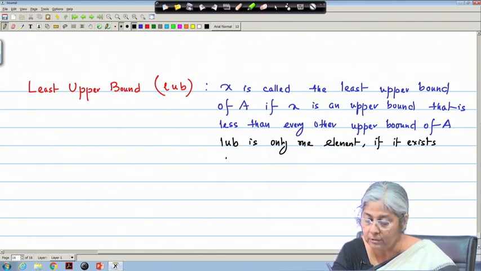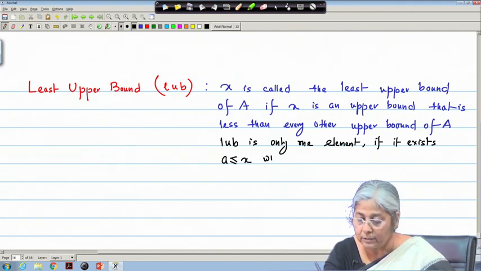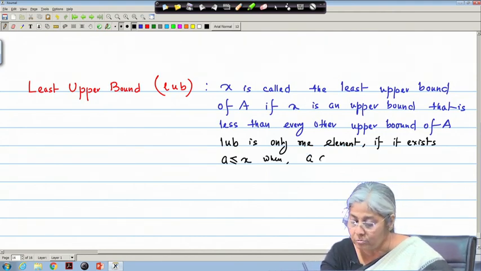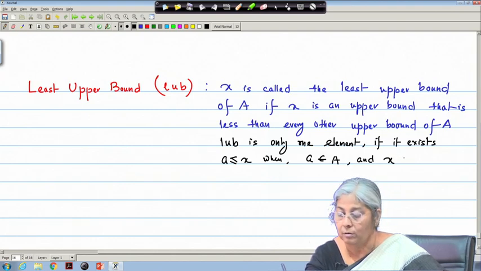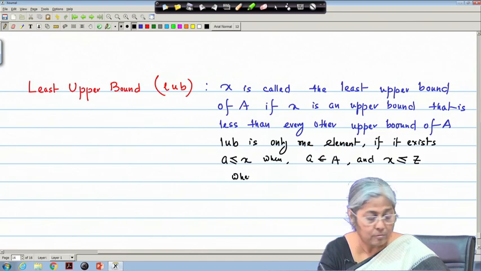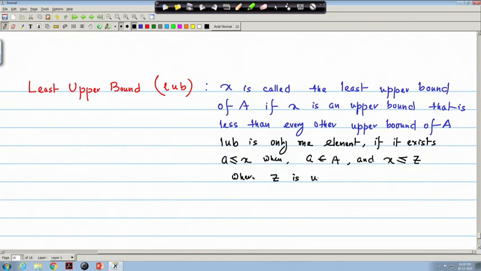In notation we can write A is less than X when A belongs to A and X belongs to, or X is less than Z where Z is an upper bound of A.